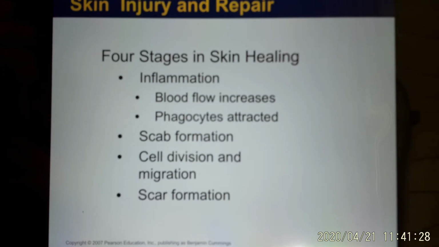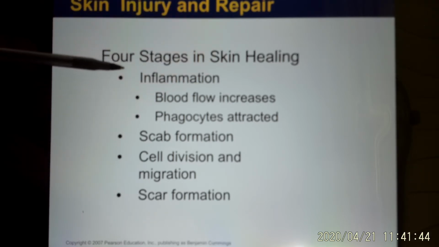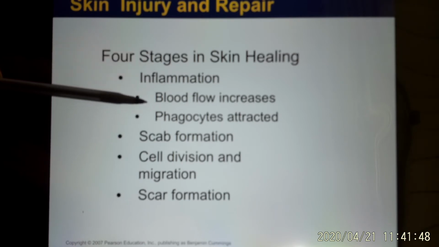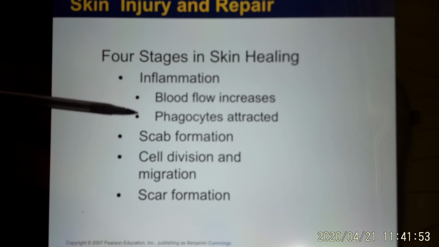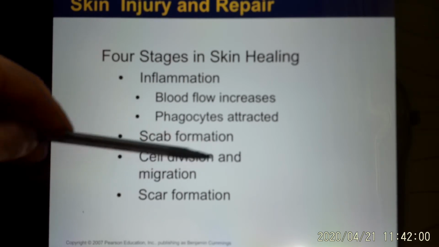And let's look at your skin when it's damaged and repaired. So the skin cells do mitosis all the time. So if you damage your skin, they will recover. First they will have inflammation, and that's the first stage. They're going to make more blood flow there, and more white blood cells will go there to attack the bacteria. Then they will form a scab, like a layer that covers it, and beneath it you can have cell division.